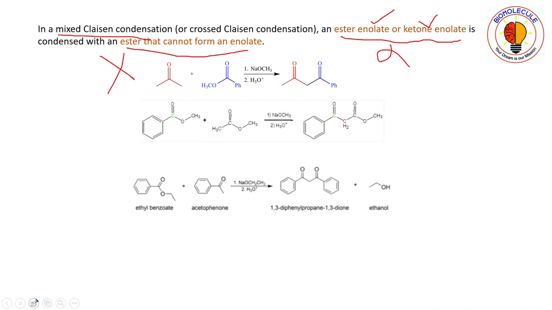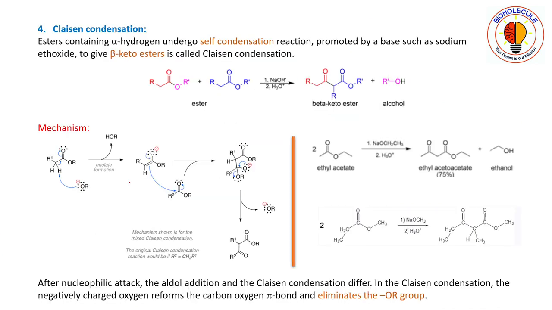Now let us look into these examples. So this ethyl acetate has alpha hydrogens, so it will undergo Claisen condensation to give you ethyl acetoacetate and one alcohol molecule. So you just add this carbonyl portion to the alpha carbon.